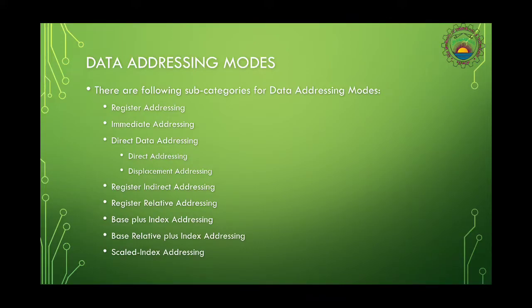In this addressing mode, data will be transferred between processor register and memory. Memory address for this type of addressing will be mentioned by using a memory label or a direct address. That means no processor register will be used to point memory.